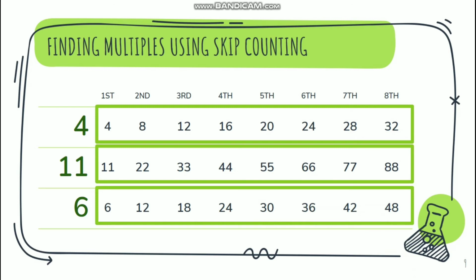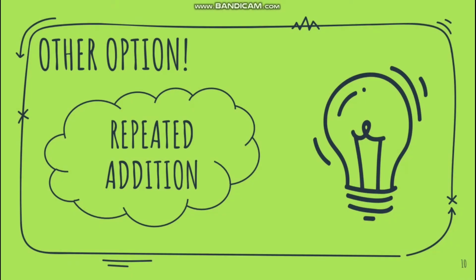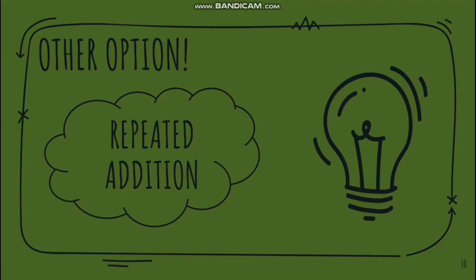Okay. But if you don't memorize the multiplication table or the skip counting, don't worry because we have another way. It's the repeated addition. Okay, this is how we do it.